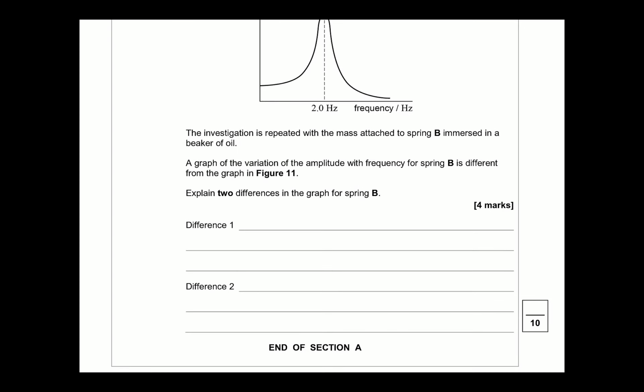So two differences in this graph. Well, number one, the peak will be much lower. You're going to flatten that curve. Okay, so the peak is lower. Because it's damped, it's going to be a lower maximum amplitude.